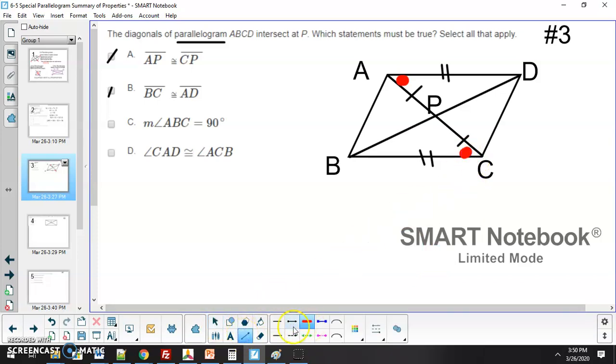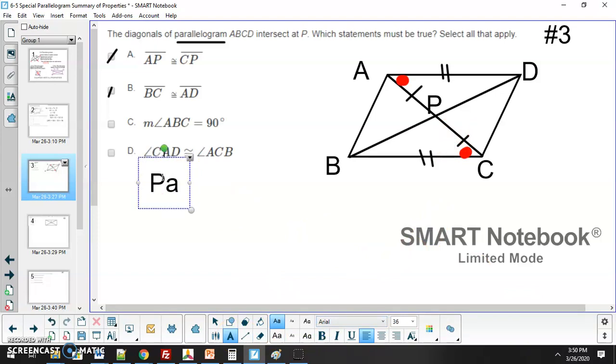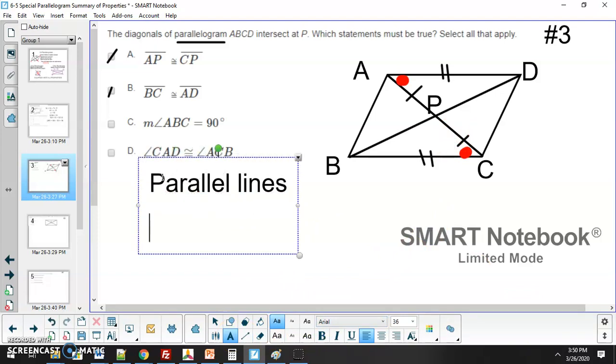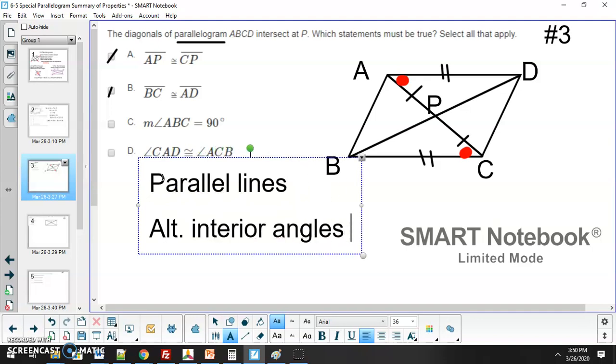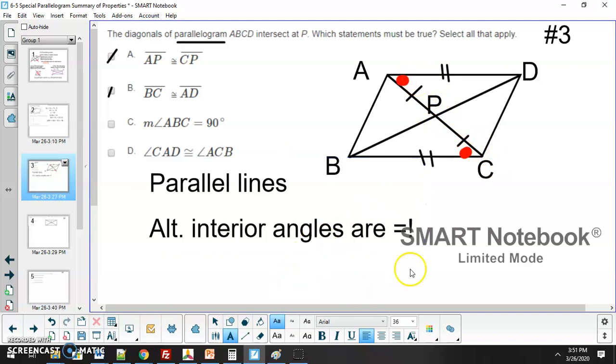This one is true. Why this is true is because it's a parallelogram, so you have parallel lines, and alternate interior angles are equal. Here's the transversal AC, and this is on one side, and this is on the other side of that transversal.